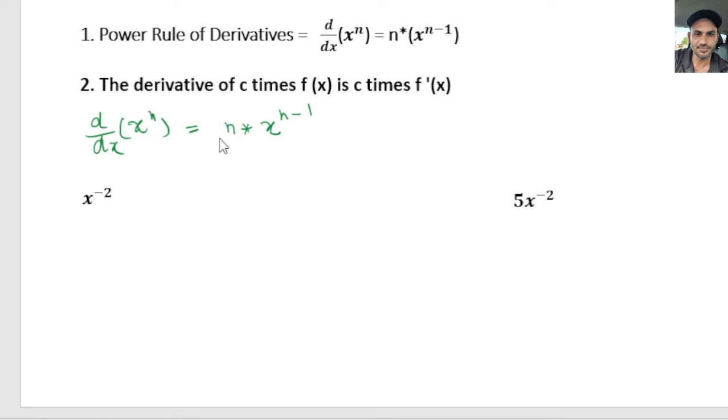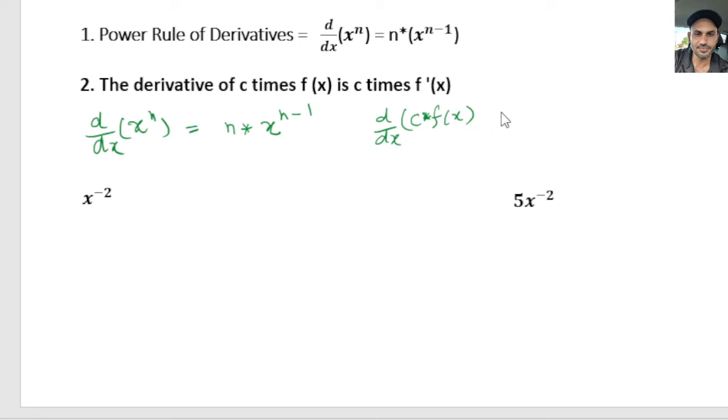And the other thing is when there is a constant multiplying with the function, so we're taking the derivative of c times f of x. A constant is multiplying with the function, this is times, the dot or this asterisk.